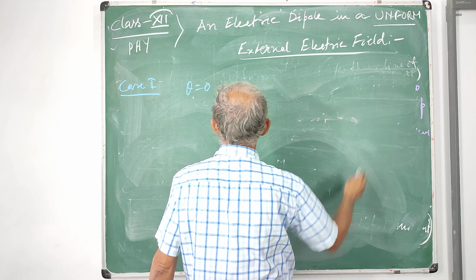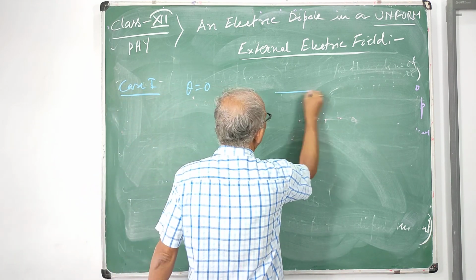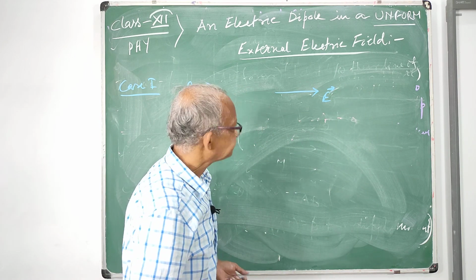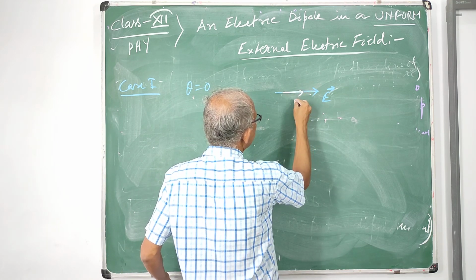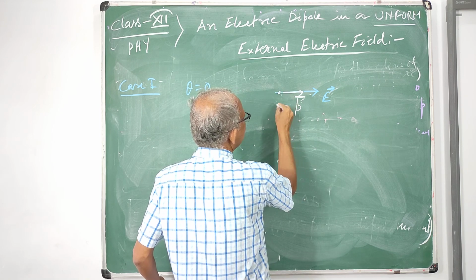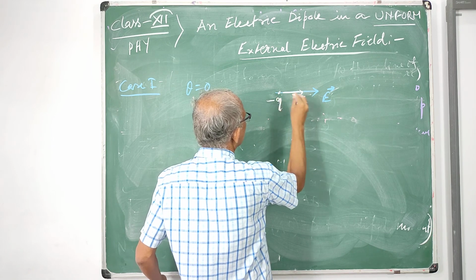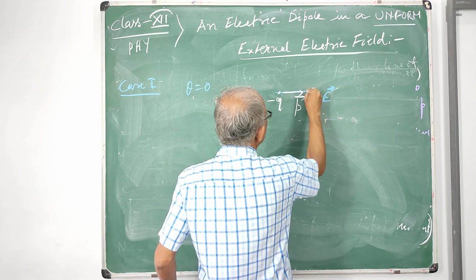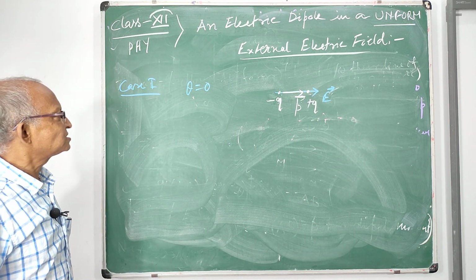Every time we draw a figure, this is E and this is P, with minus Q here and plus Q here.